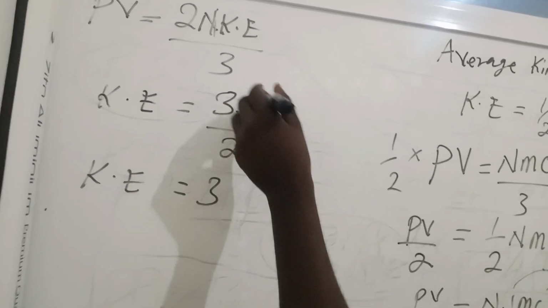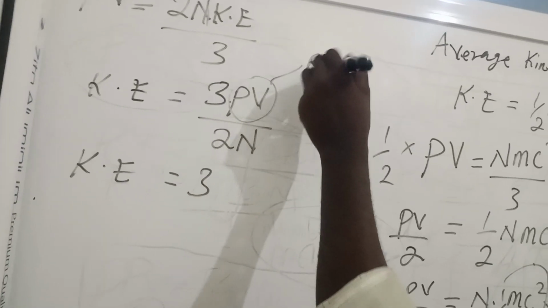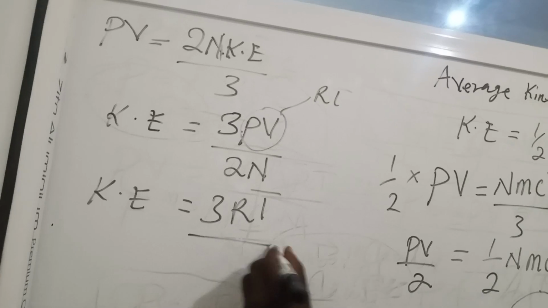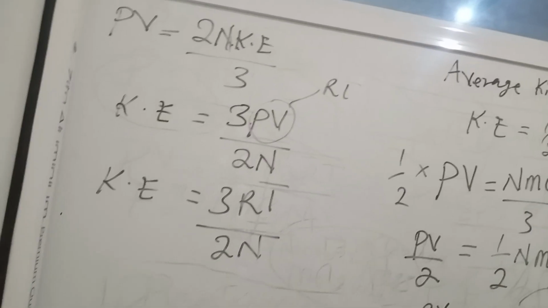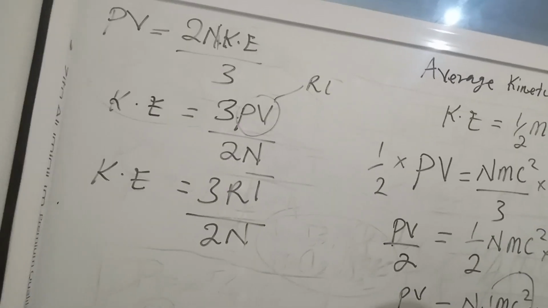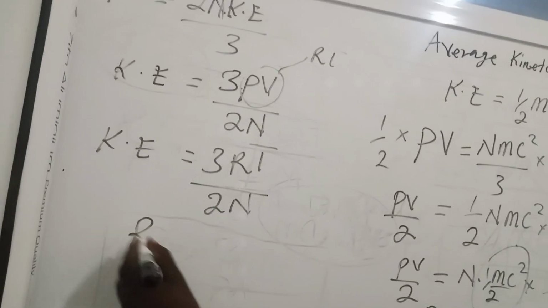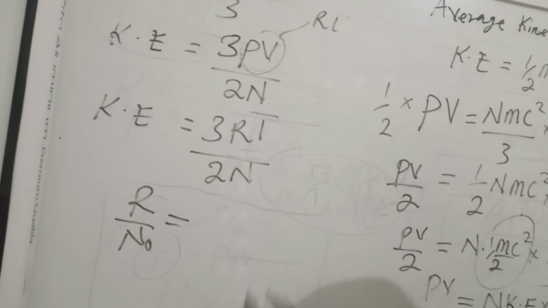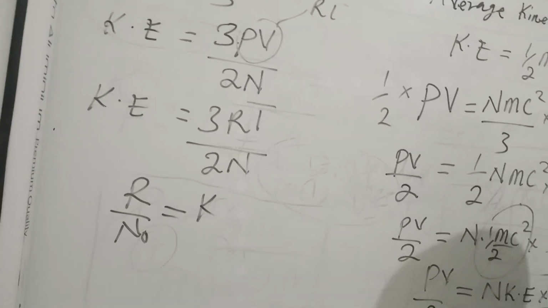Remember that PV is equal to RT. So you have 3RT all over 2n, and R all over n naught is known as the Boltzmann constant.